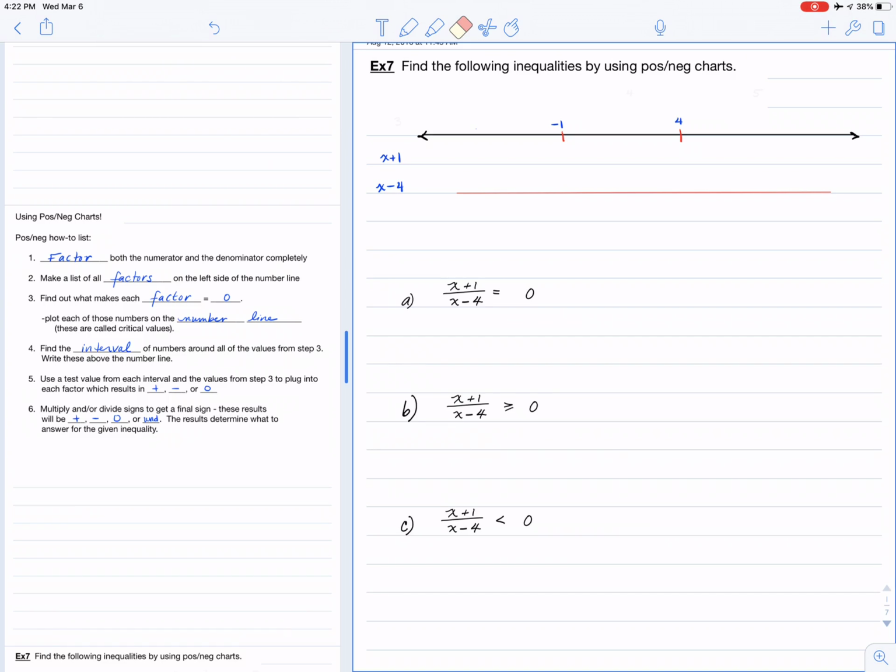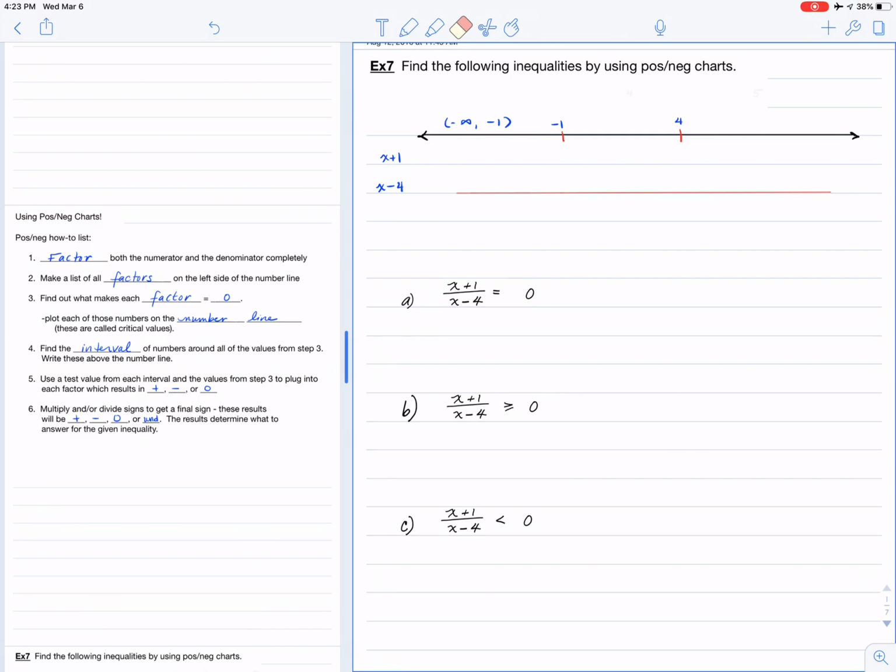Step number 4 in the how-to says that we should find an interval of numbers around all of the values that I just placed on the number line. So what that's talking about here, you'll notice that this here is an interval of values. It starts at negative infinity and it goes all the way up to negative 1. So my interval of values here would be the interval negative infinity to negative 1.